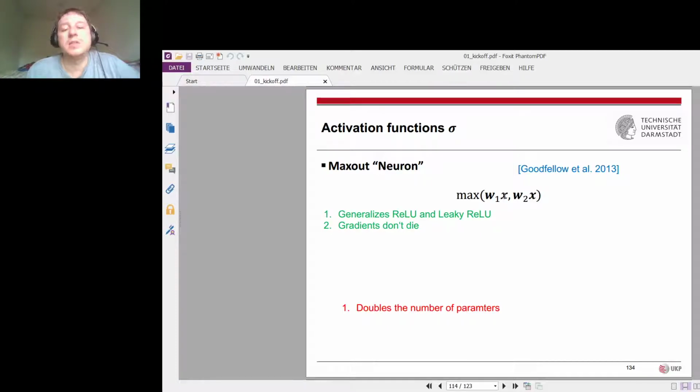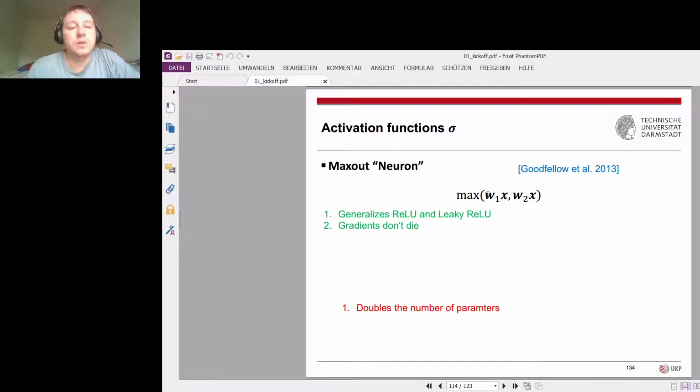So now it can learn to set W1 to 0, for example, then it just becomes the maximum of this argument and 0, so this becomes a standard ReLU function. Or it can set W1 to other values, and it can become a leaky ReLU. It can generalize many other things.